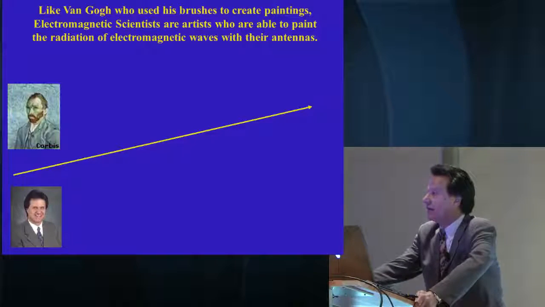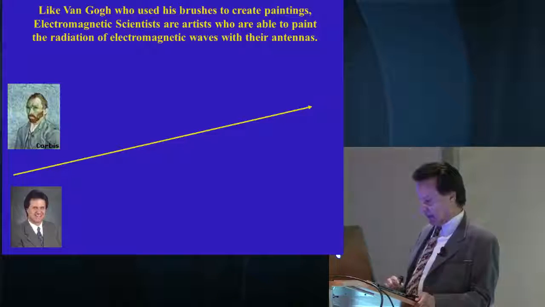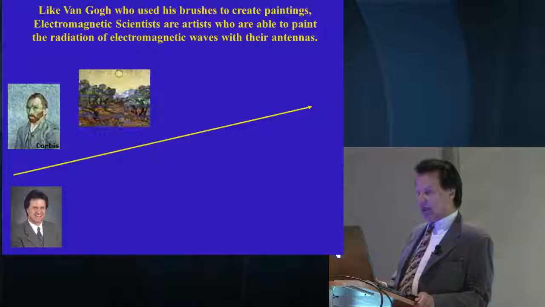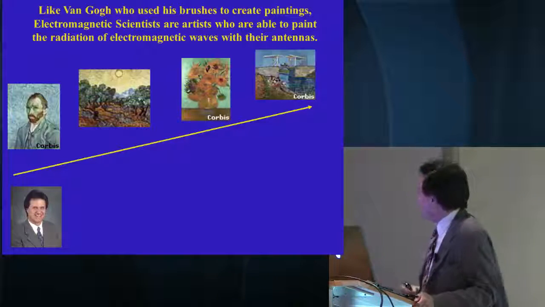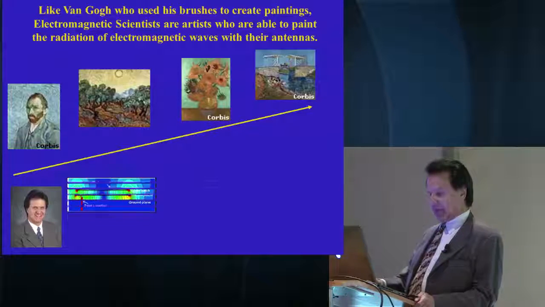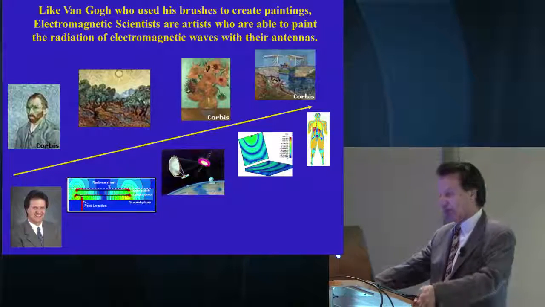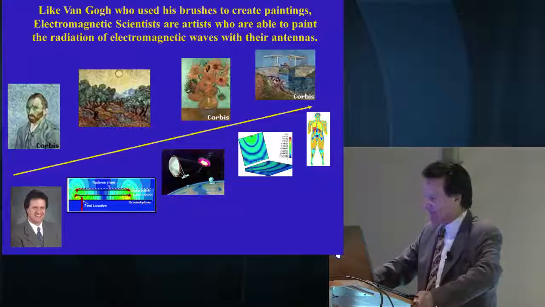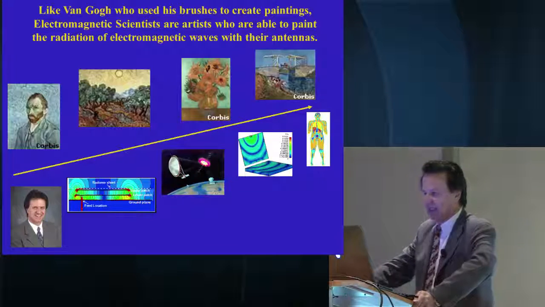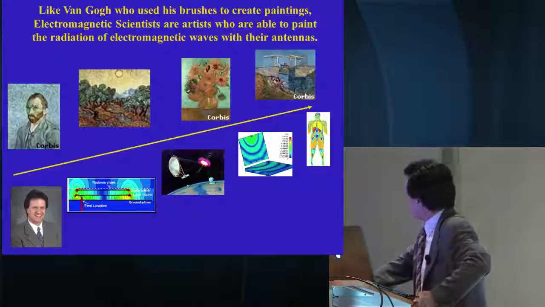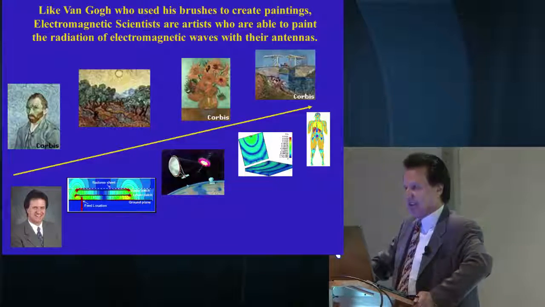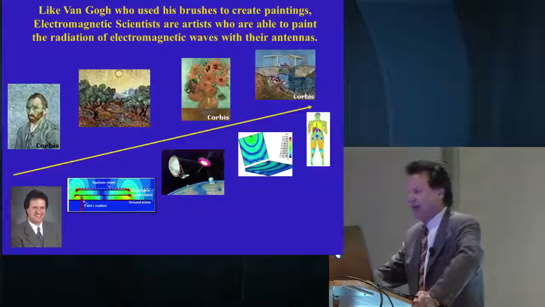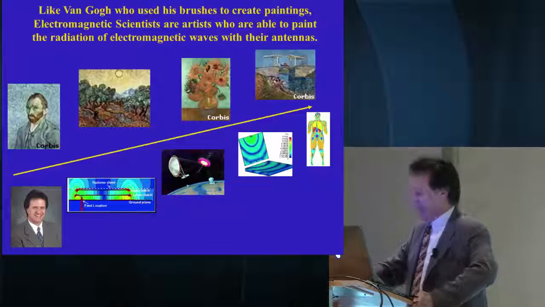So he uses his brushes on the canvas. So I challenged them. These are his paintings, and these are the paintings that I have generated in my work. And I told them I believe my paintings are more beautiful. But of course, I got challenged because they said Van Gogh's paintings are sold, some of them for $35 million. My paintings maybe $5 or something like that. But hopefully we can do better.